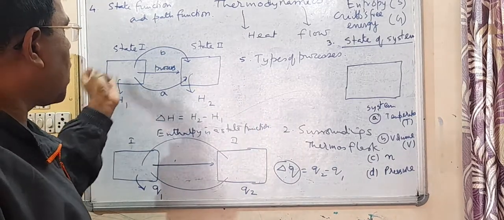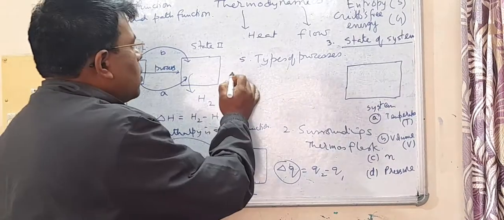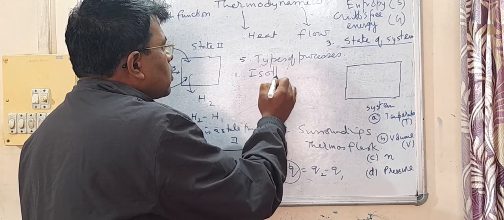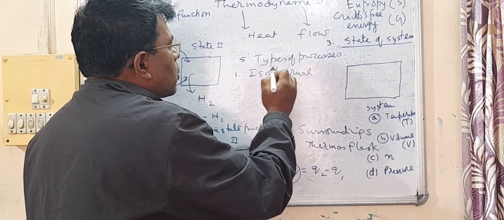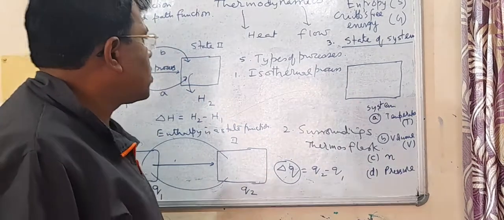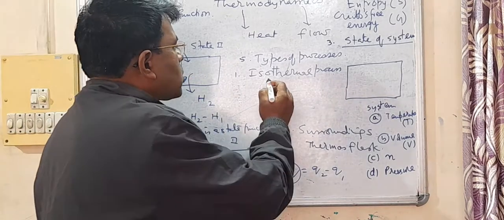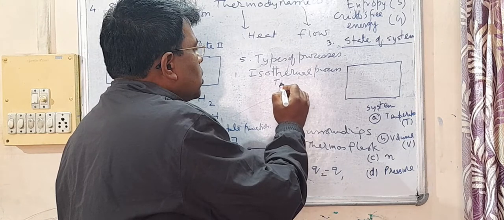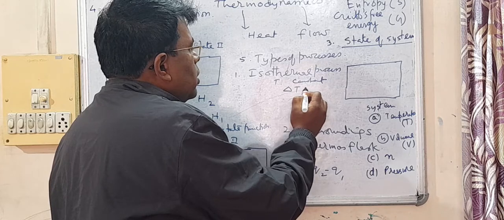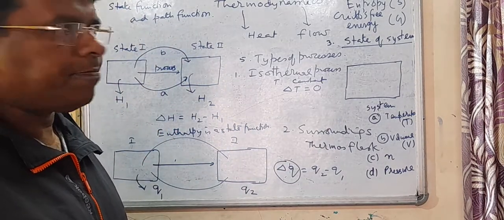What are the different types of processes? First of all, the isothermal process. Isothermal process means during the process, if temperature is kept constant, so that delta T is 0, then that is called an isothermal process.